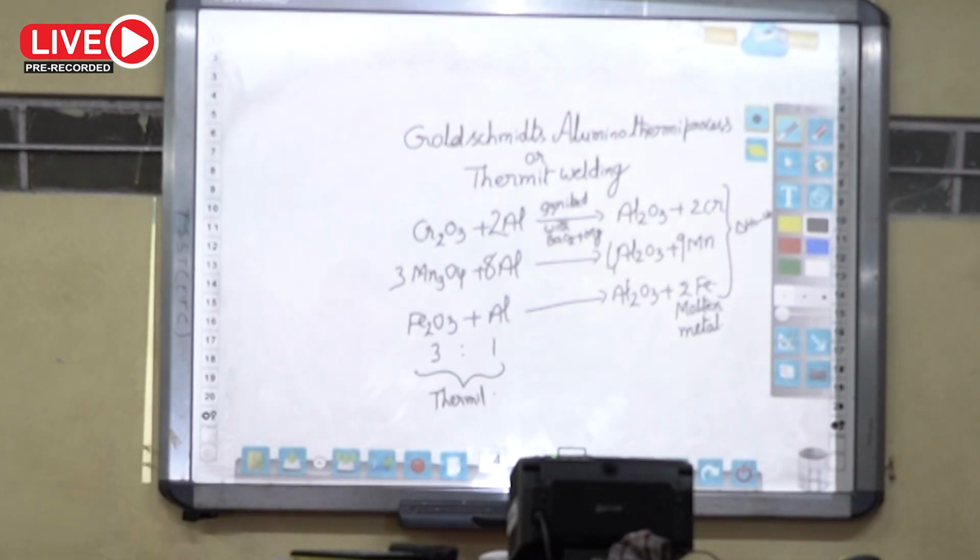If you see railway tracks, if a particular rail is broken, they weld it instantly using the same technique. There is a small wheeled vehicle; people just push it and on rails it easily moves.